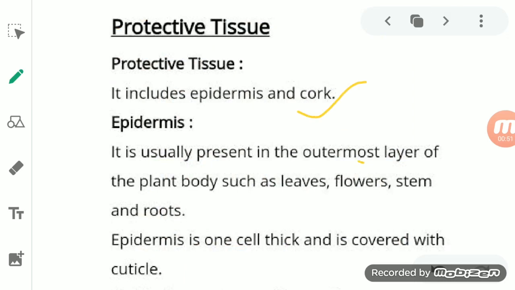Protective tissue includes epidermis and cork. It is usually present in the outermost layer of the plant body, such as leaf, flower, stem and root. When we talk about the epidermis, the term epi means upper, and dermis means the layer or the skin, derma. You have heard about a dermatologist, the doctor who sees the skin portion.